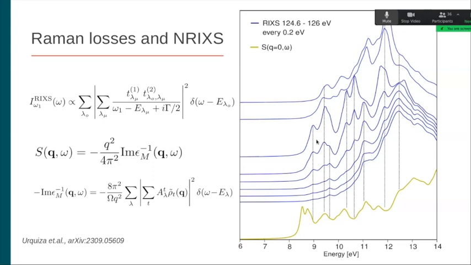We associate this to the fact that when we excite from the L1 edge, we are exciting from 2s states of aluminum to the bottom of the conduction band, which has mostly s character. So in this case, this transition is forbidden.